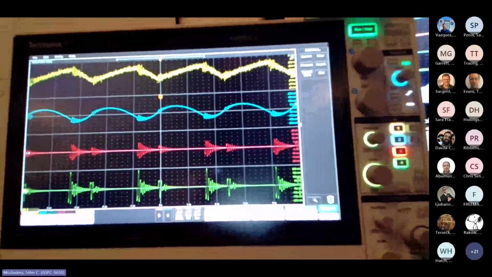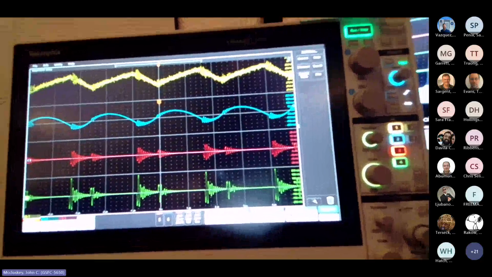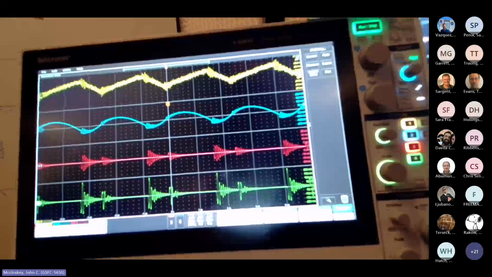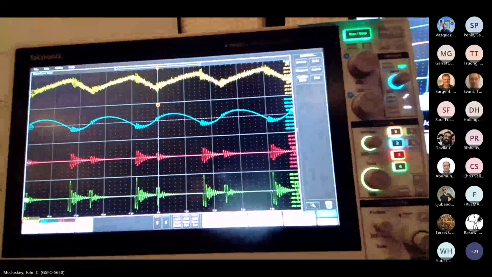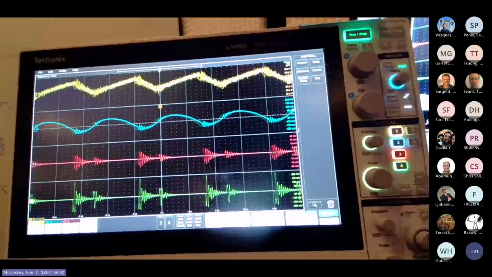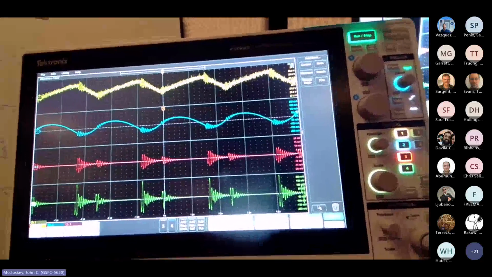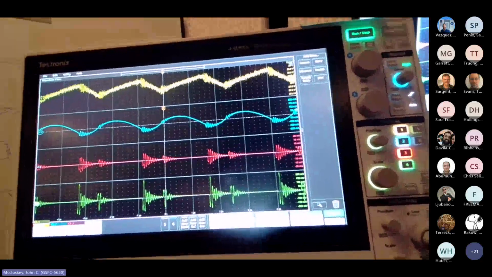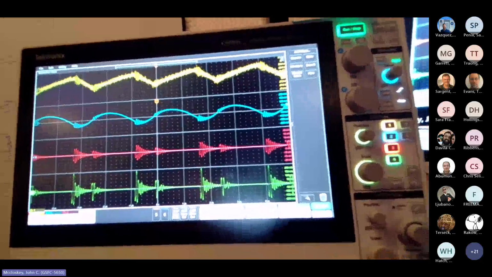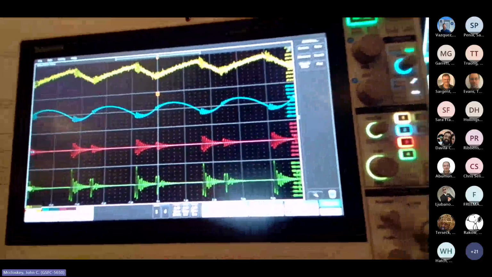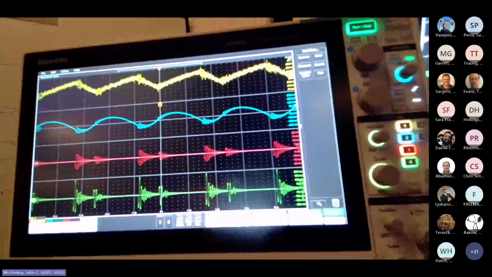Looking at it in the frequency domain is also very useful, but it's kind of another layer of abstraction away from what the signal is really doing. So I just submit that you need both. The frequency domain is great, but sometimes just looking at the signal in the time domain can give you that aha moment a lot more quickly than the frequency domain.